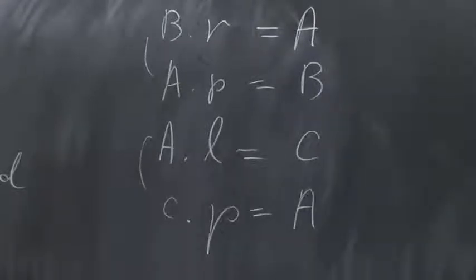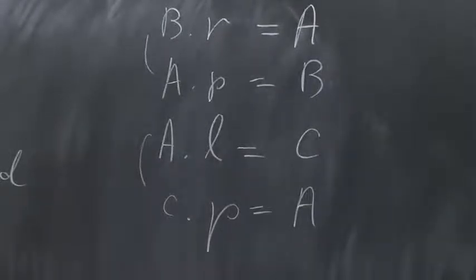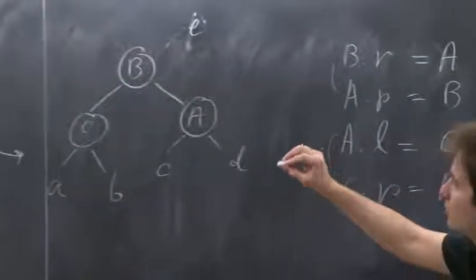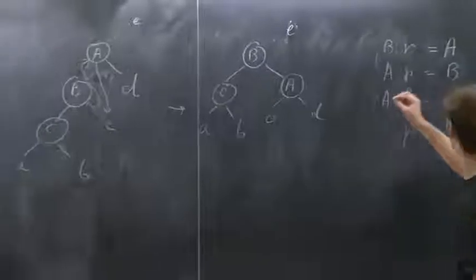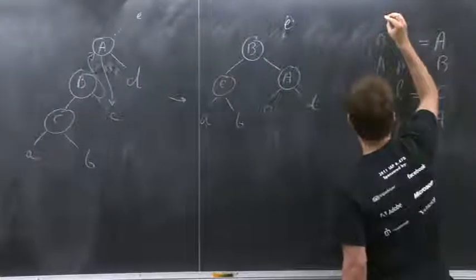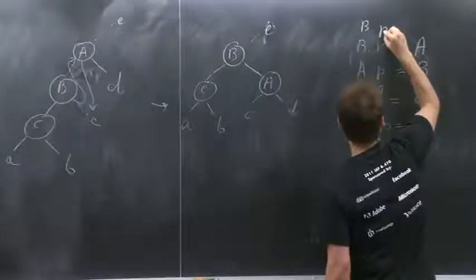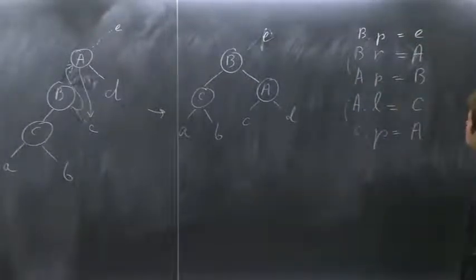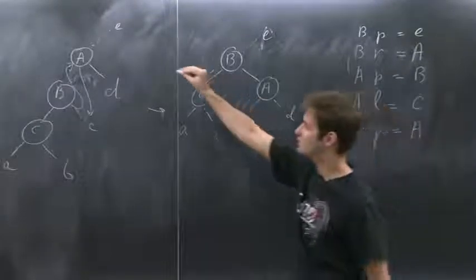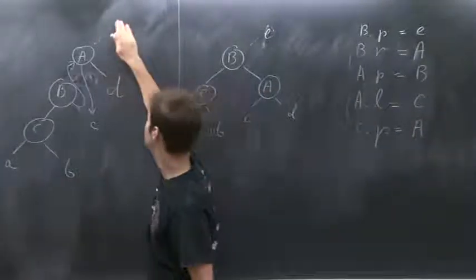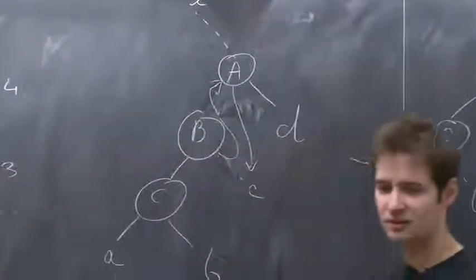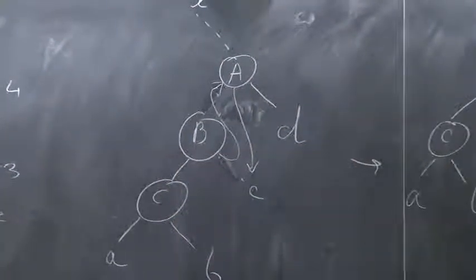A's parent is E and E's left child is A. So B's parent is E, right? Yeah. So B's parent is E, and E's left child is B, because I drew it like this, right? But if I drew it like this, E's would have to be the right child.